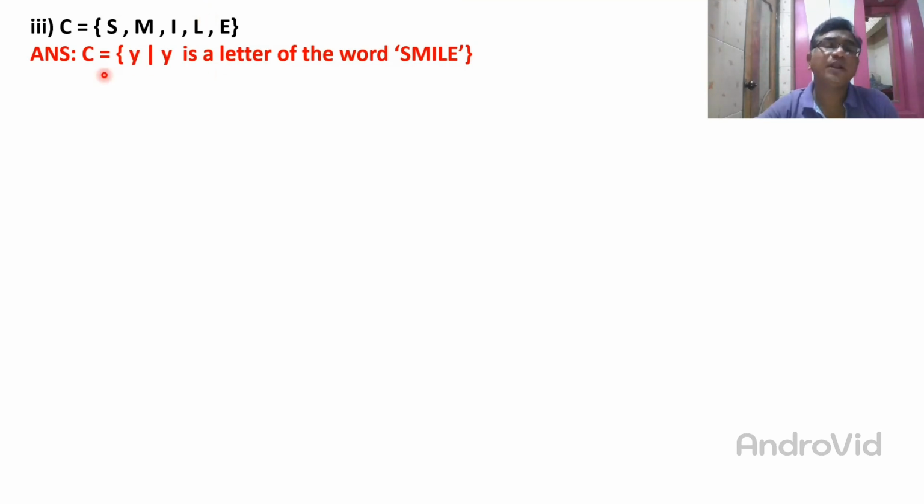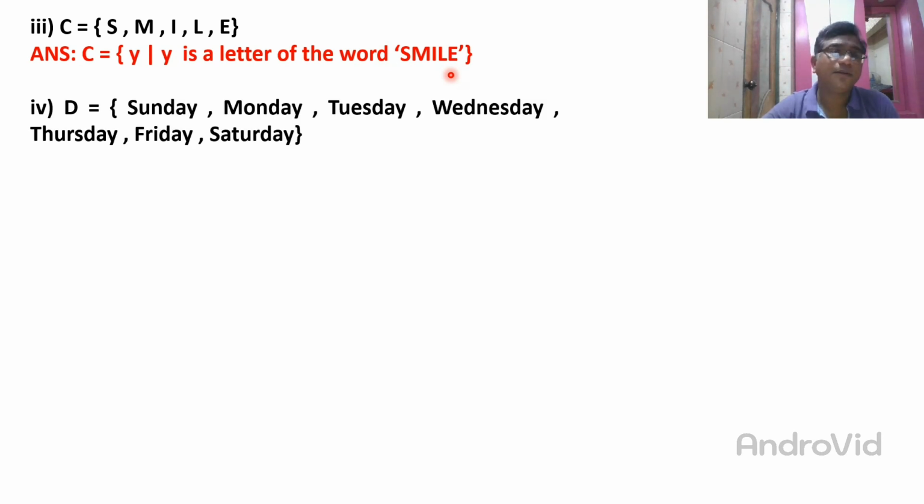So we can write C is the set of y such that y is a letter, singular form you say, of the word smile. Very simple. Then D is the set of Sunday, Monday, Tuesday, Wednesday, Thursday, Friday and Saturday.